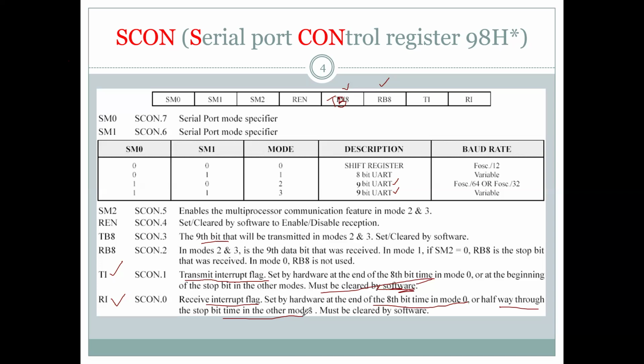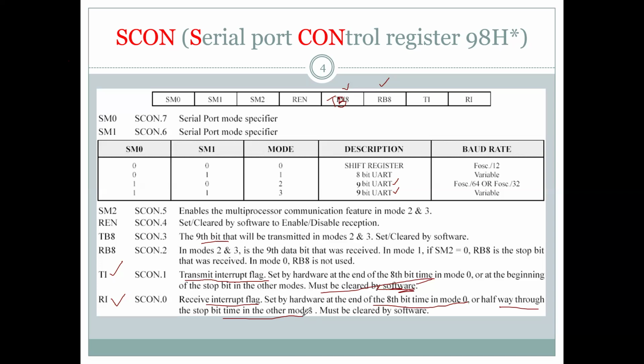The CPU will read the data byte from SBUF, store it and do whatever it wants, and then clear the receive interrupt flag. It must be cleared by the CPU using a software instruction like CLR RI.